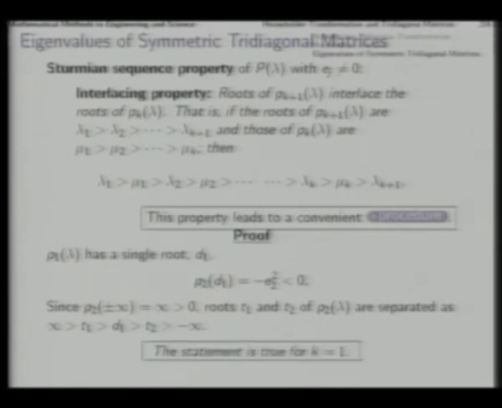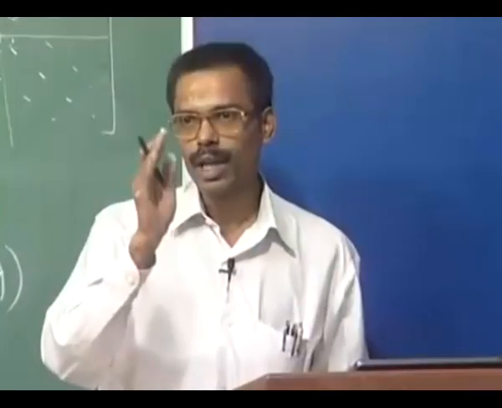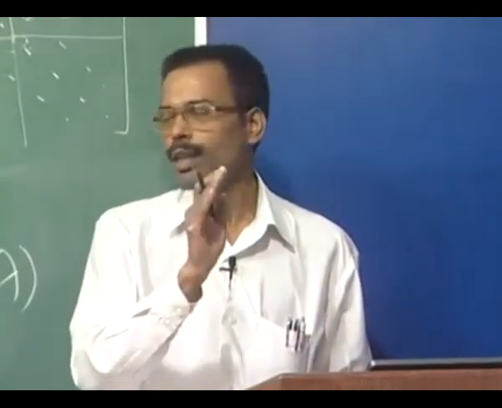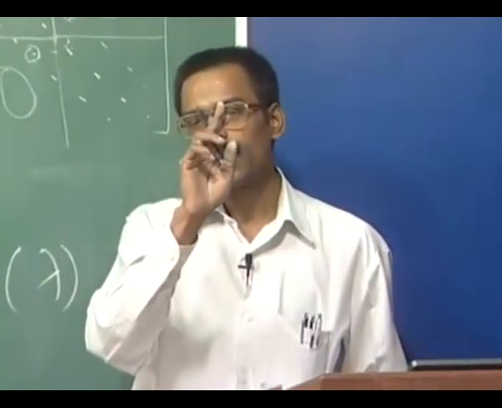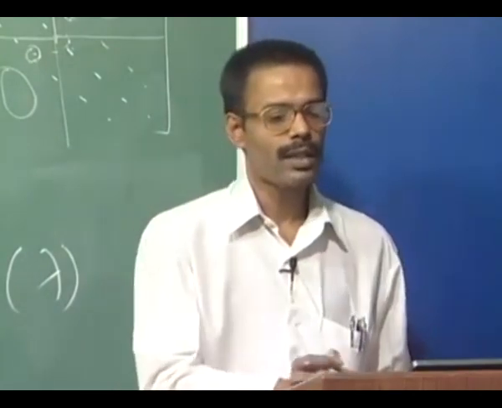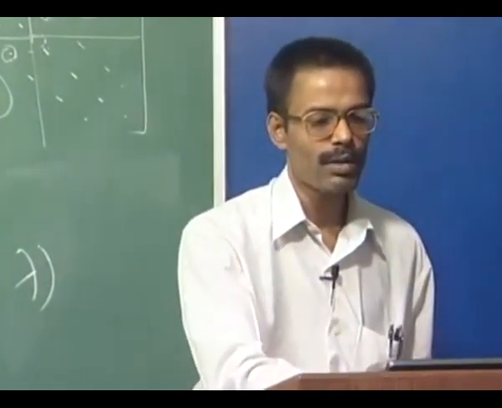So, the statement is true in the sense that roots of p2 interlace the roots of p1. So, the first entry d1 is interlaced by the eigenvalues of the leading 2 by 2 matrix d1 e2 e2 d2. Okay.